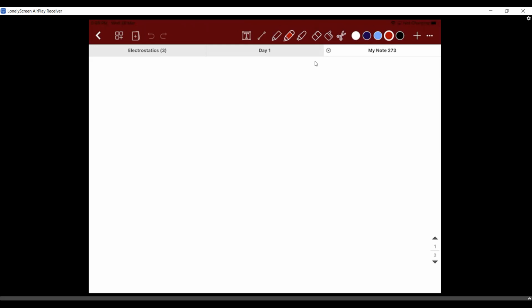Listen. Okay, now we'll do a problem. There are three charges of value Q placed at the vertices of an equilateral triangle. And there is a fourth charge Q dash, which is placed at the centroid of this triangle.